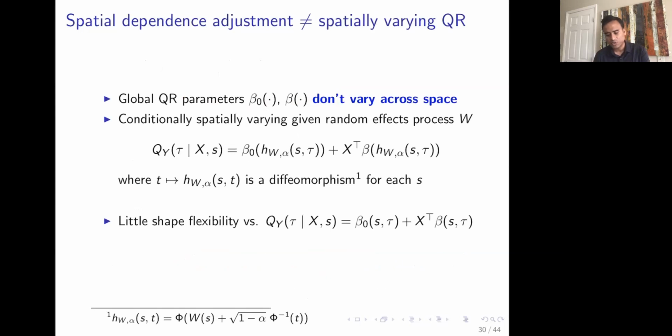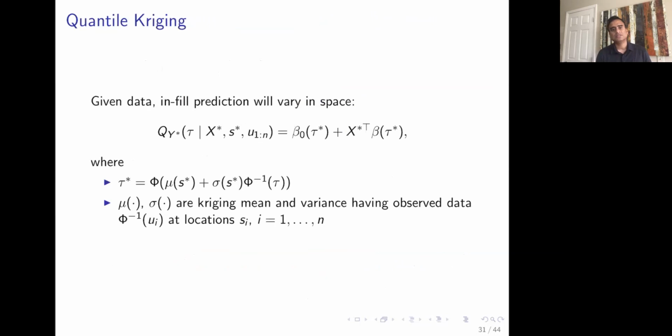I'll skip this point a little bit. Here, one of the things it allows us to do, because we have modeled noisy quantile levels, is quantile kriging. So given what you have observed in your data, you could now give me a new location s star and some new predictor value x star there, and you can ask me, what is the conditional quantile function going to be there, given what I've observed?